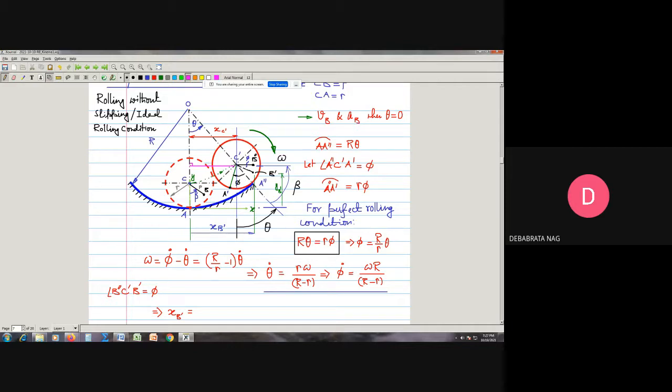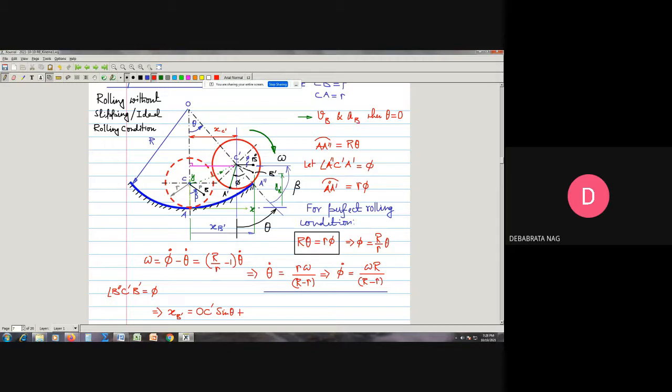Obviously it will be OC dash, so XC dash is going to be equal to OC dash sin theta, plus, because we need to go further.